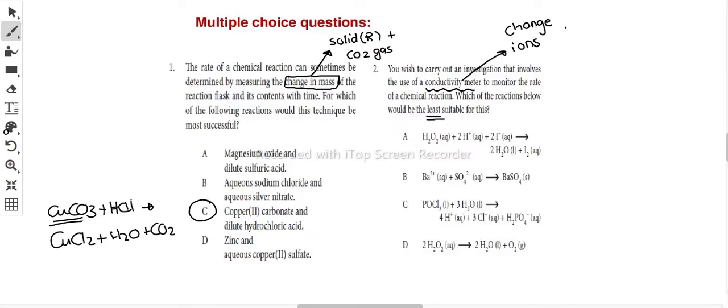Least suitable, so we do not have ions at all. Which one does not involve a change in the ions? It's the D answer. In all of the above, A, B and C, there is a decrease in the ions, or an increase in the amount of ions, so definitely the change in conductivity could be used.